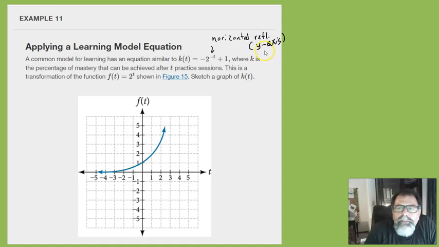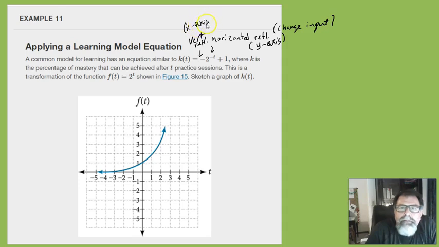You're going to change the input value. And then this one is your vertical reflection. That one's vertical, so it's going to flip it upside down. That's through the x-axis.